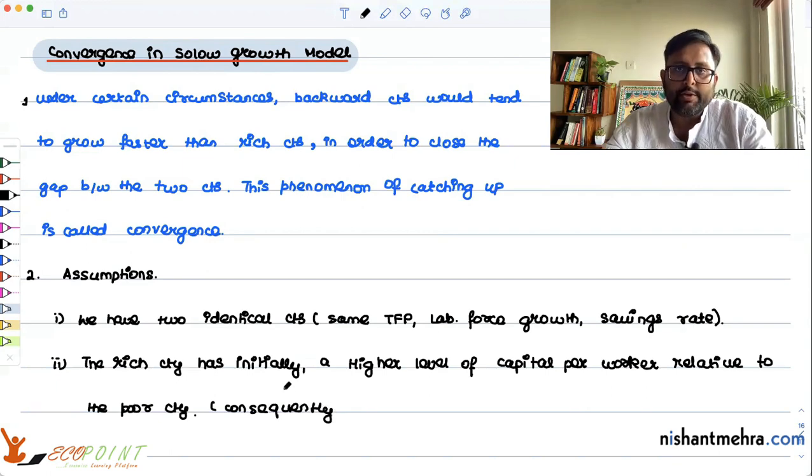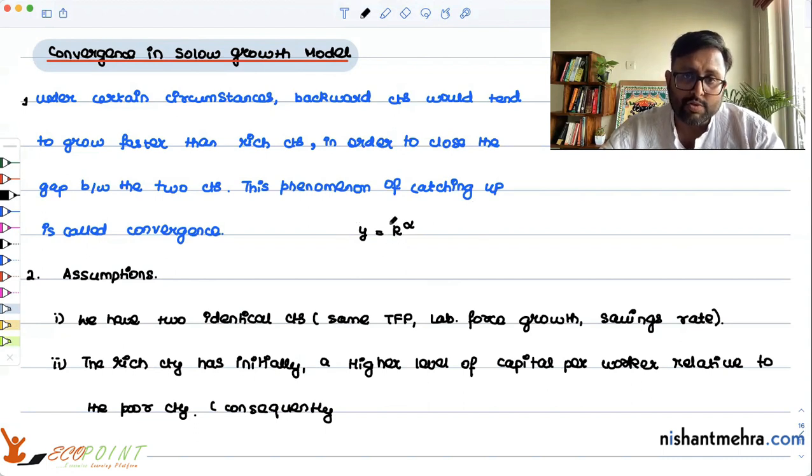If they're starting with the higher capital per labor, it means that they have higher output per labor also, right? I hope you remember we did this: small y is equal to small k to the power alpha. This was the production function in the intensive form. So you start with small k to the power alpha, meaning you have the higher capital labor ratio. It is going to transform into a higher output per labor ratio.